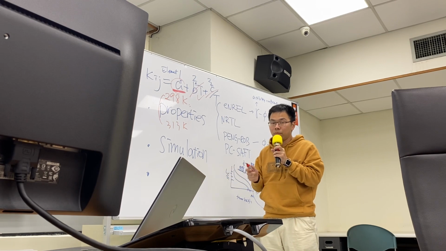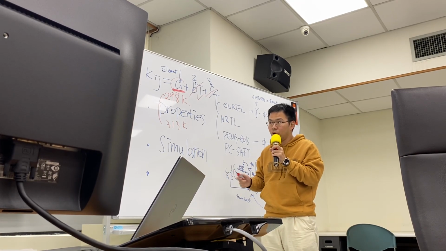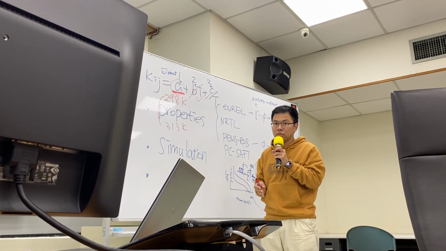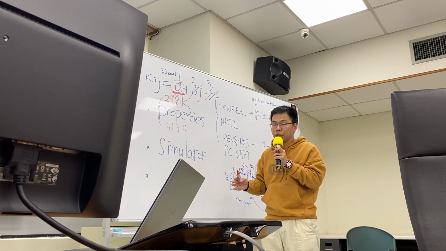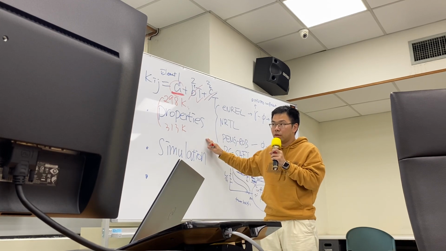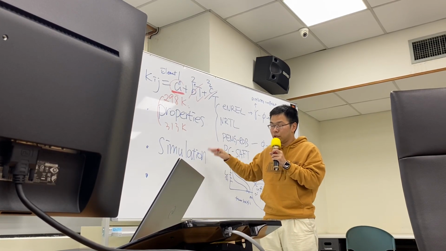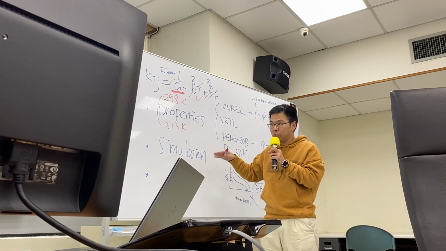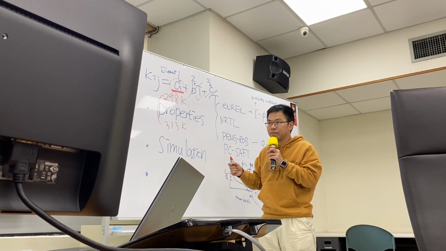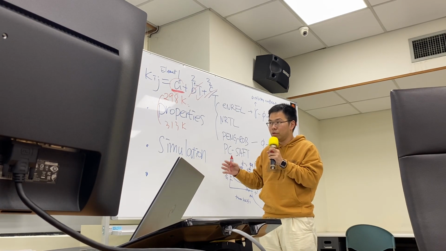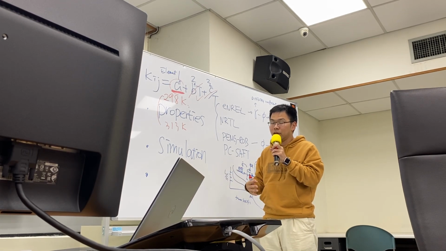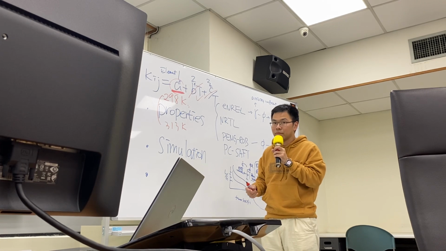That's why model developers always want to have as few parameters as possible. But for sure, with those parameters, you still have to represent the data adequately or satisfactorily. Okay, because our purpose is to have a good model, not just to have as few parameters as possible.